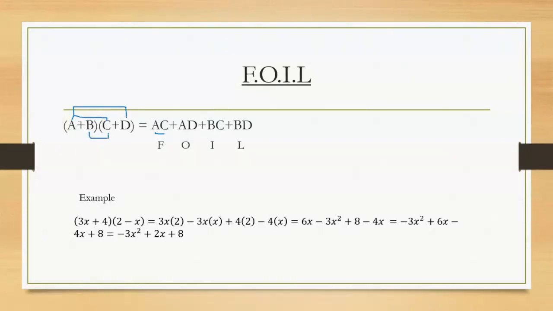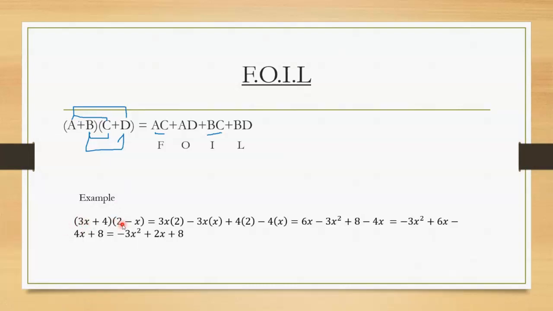Inner terms, you can see here, and the last terms. So that's what we get here. And this is, I think, actually what they teach in high school, but if you haven't seen this before, that's fine. And this is just an example demonstrating it.